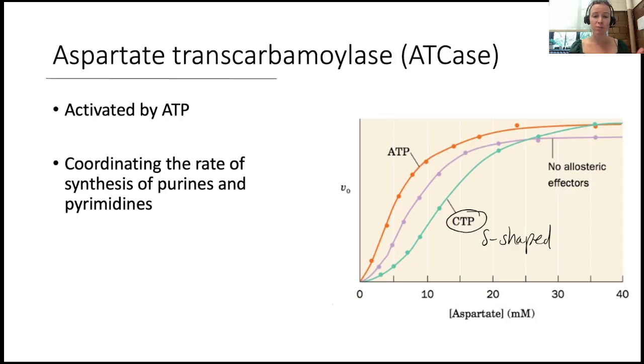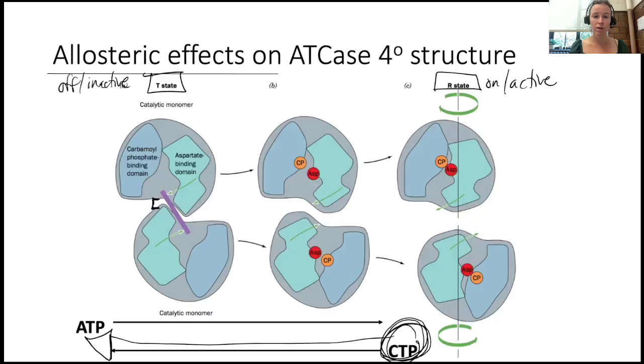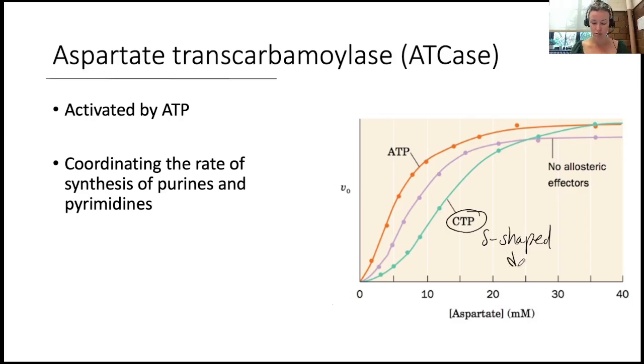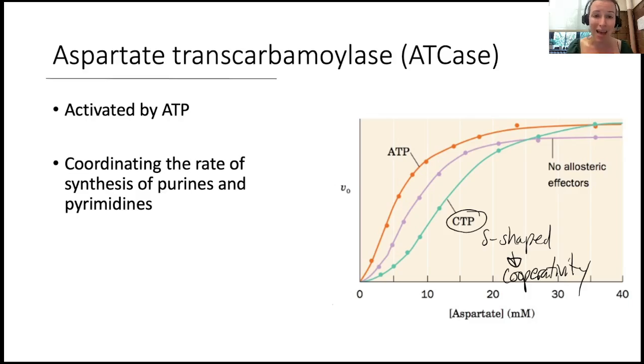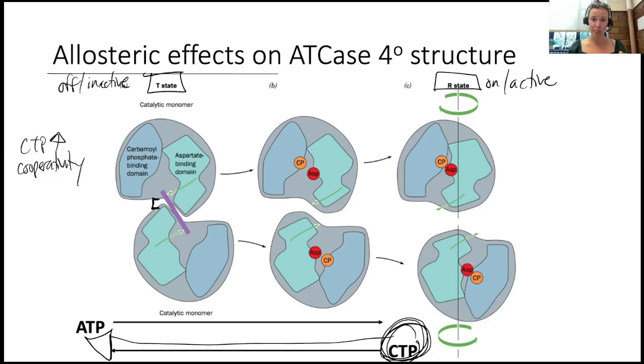Now, if the curve is more S-shaped and you're seeing the subunits are coming closer together, we should understand that CTP is increasing cooperativity. An S-shaped curve tells us the enzyme is cooperative, okay?